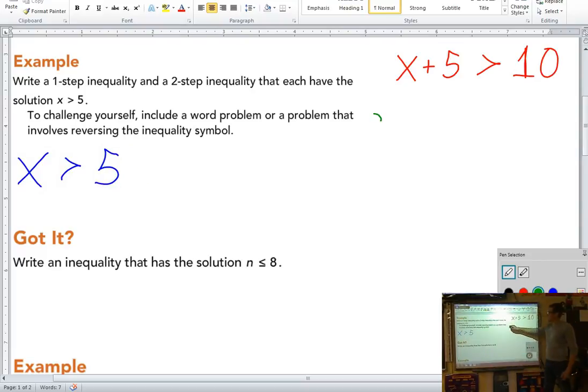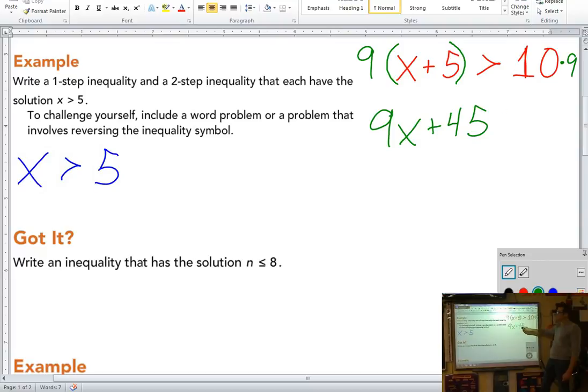We now decide I'm going to multiply by 9. It's 9 times the entire side, and 9 times the entire side. This becomes 9x plus 45 is greater than 90.